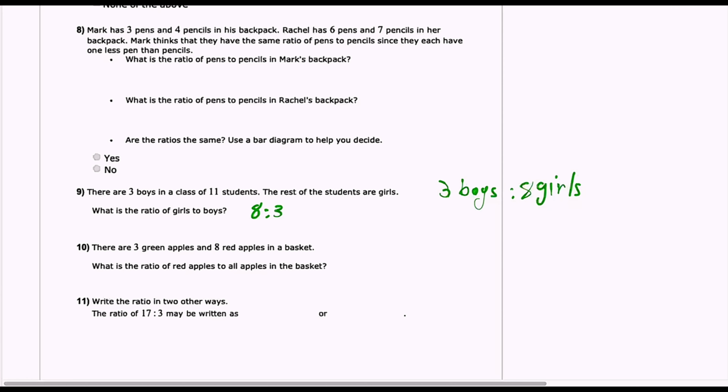We need just to know the number of boys and girls and go back to the question to check which ratio he wants and write it in the same order, because 3 to 8 is not equivalent to 8 to 3. They are different ratios. Then the true ratio he wants in this question is 8 to 3, such that 8 represents the number of girls and 3 represents the number of boys.